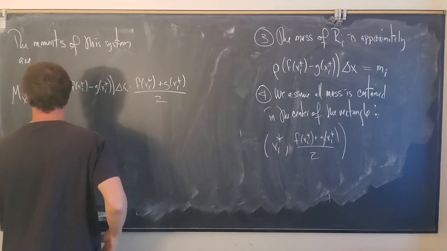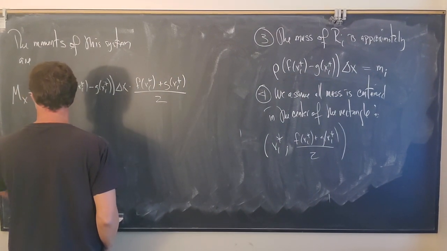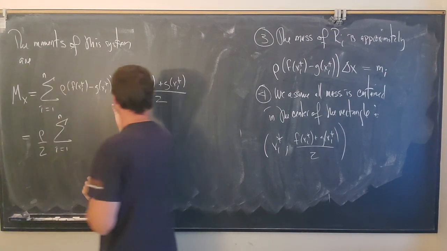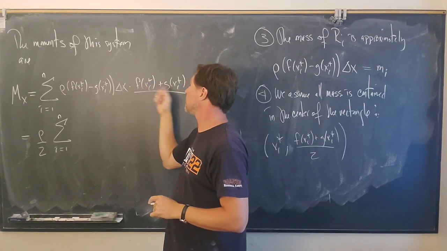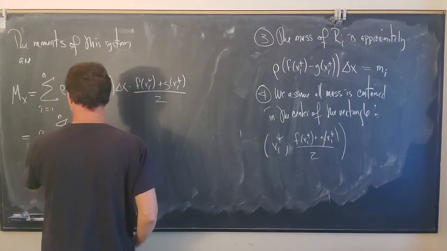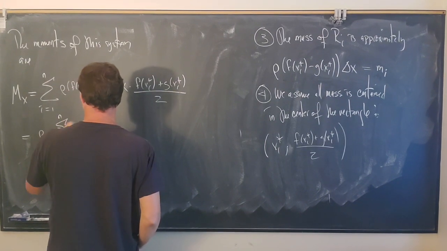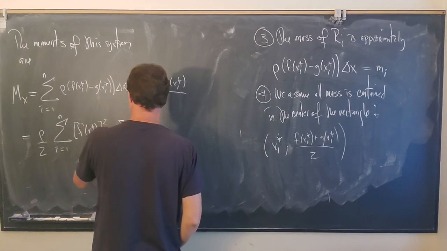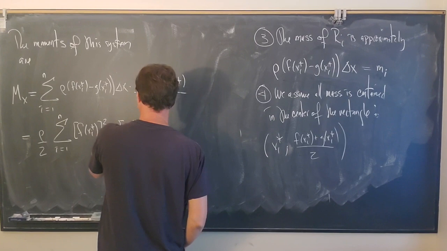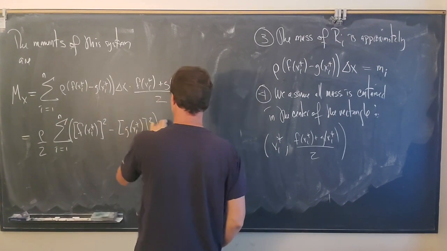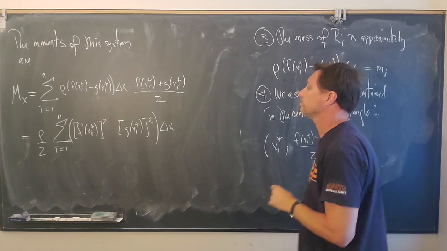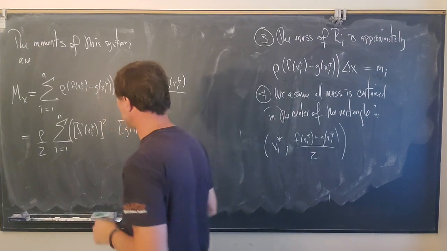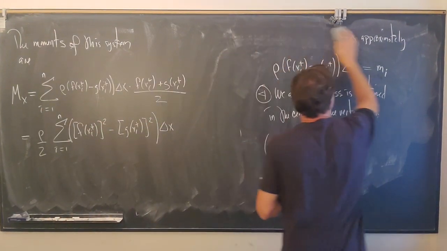And so what we'll get is rho over 2 sum i equals 1 to n. Now, if you ignore this delta x, what we have here is a difference of two squares. So this will be f of xi star squared minus g of xi star squared times delta x. All right, so there's the moment with respect to the x-axis. We also have the moment with respect to the y-axis. Let me write that one down here.